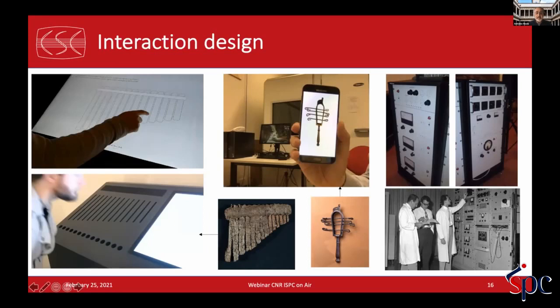This very particular instrument disappeared about 50 years ago, and we were called more or less 10 years ago to produce a digital replica of this instrument that no longer exists. This digital replica simulates the original electronic circuits starting from pictures and technical drawings.